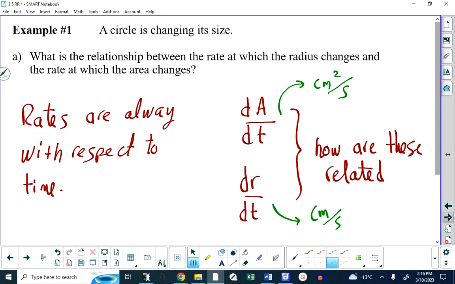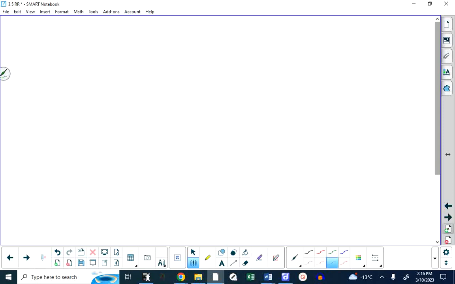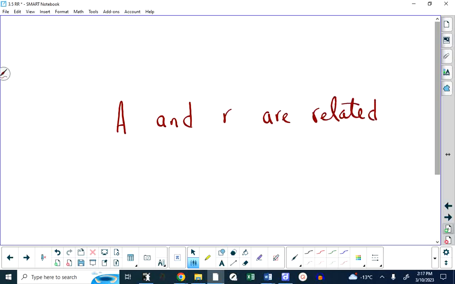And I'm making a distinction here between two relations. A and r are related. These are related variables. But since they are related, dA/dt and dr/dt must be related as well. There's a relation.